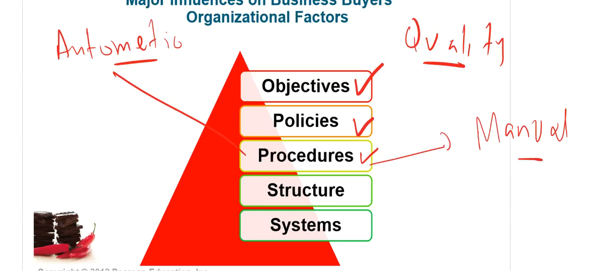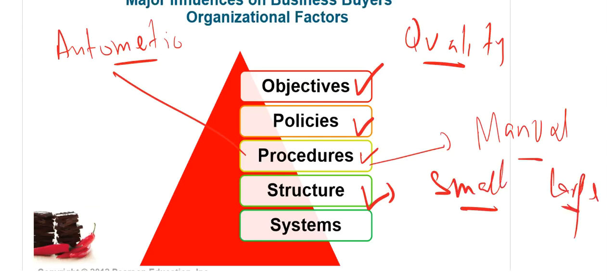Then structure. Organizational structure is very important. If the organization is small, then their decisions will be different. If the organization is large, then their decisions will be different. If the organization has many divisions, then their decision making will be different.